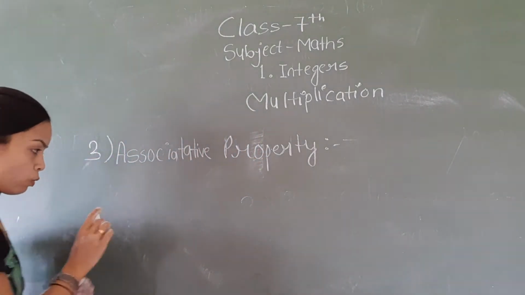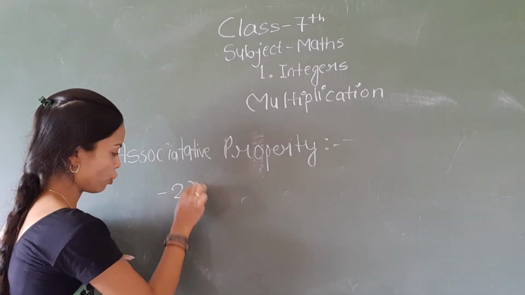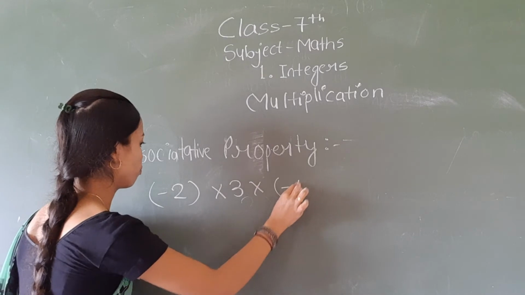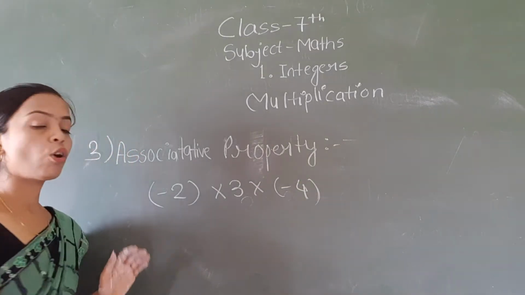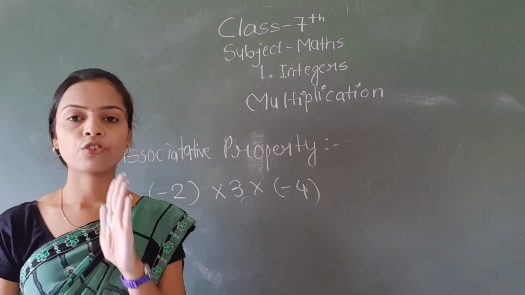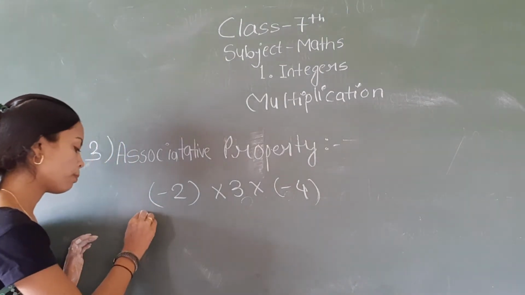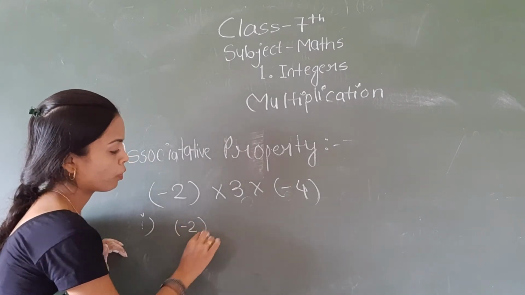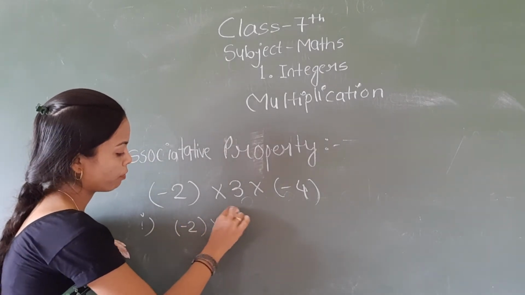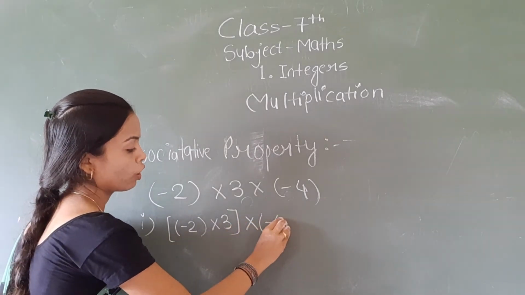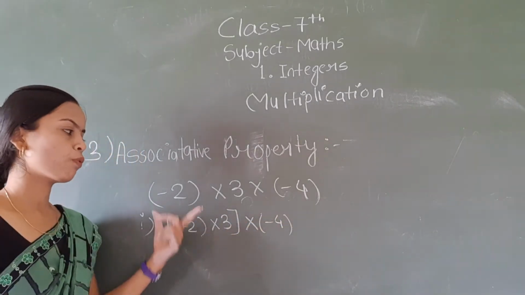Suppose we are taking the example of -2 multiplied by 3 multiplied by -4. In all three groupings, your answer must remain the same. Suppose the first grouping is (-2 multiplied by 3) multiplied with -4. In the first case, we group the first two integers.